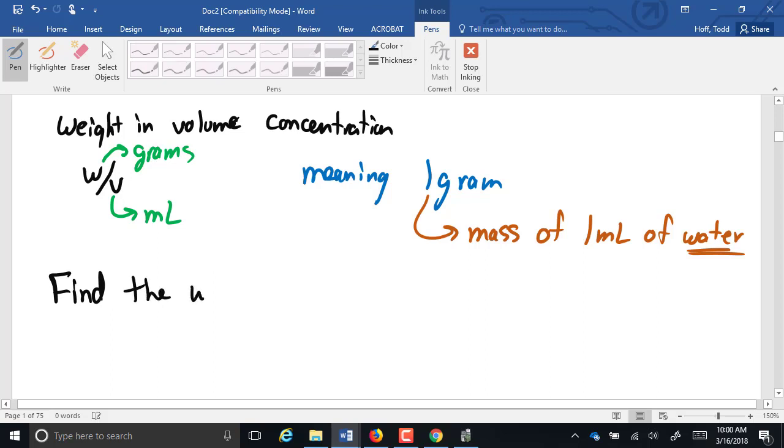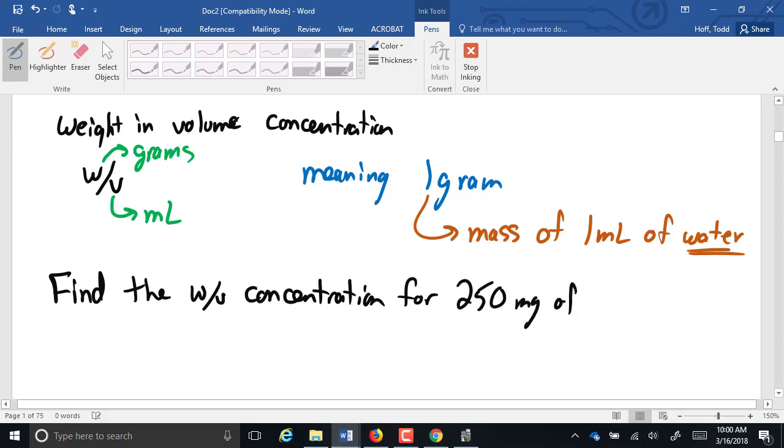Find the weight and volume concentration for 250 milligrams of medication in a 200 milliliter solution.